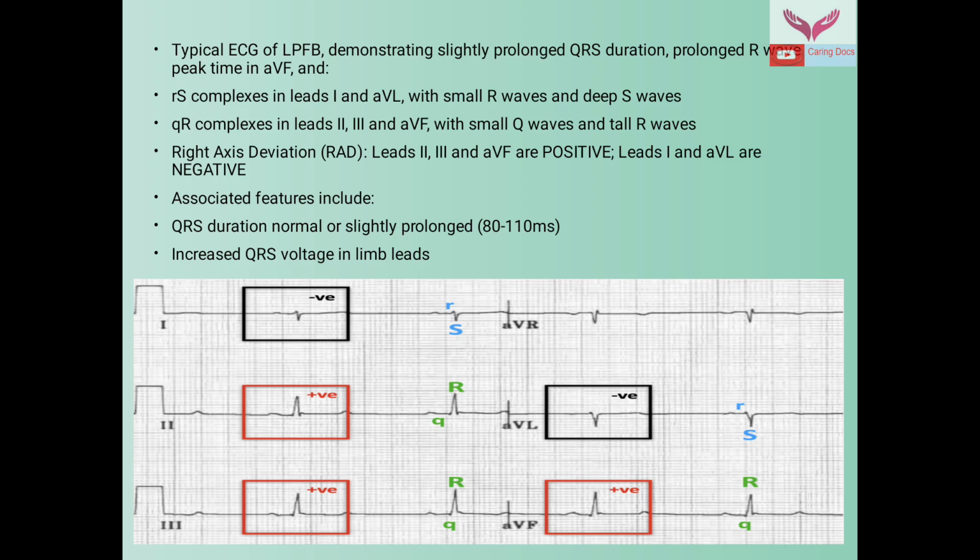Right axis deviation: leads 2, 3 and AVF are positive and lead 1 and AVL are negative. The associated features with this posterior fascicular block are QRS duration normal or slightly prolonged, and increased QRS voltage in limb leads.